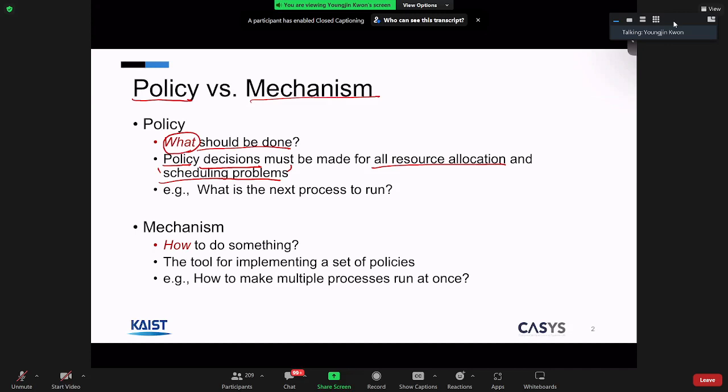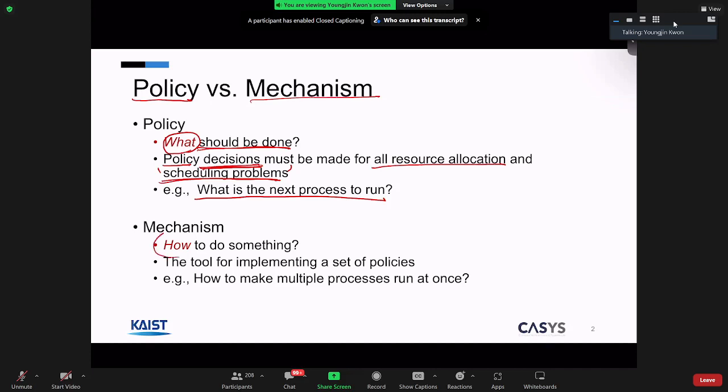Policy is what should be done, and it's about the decision problem of scheduling. Specifically, this is a typical policy question: what is the next process to run? This is a policy question.